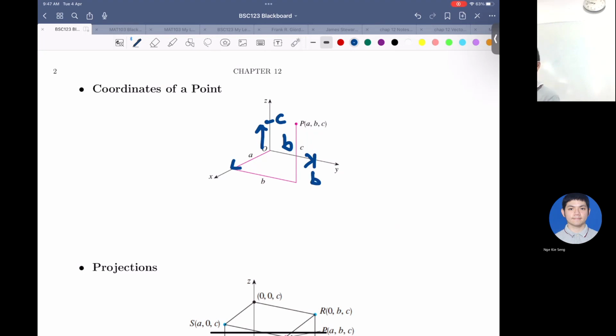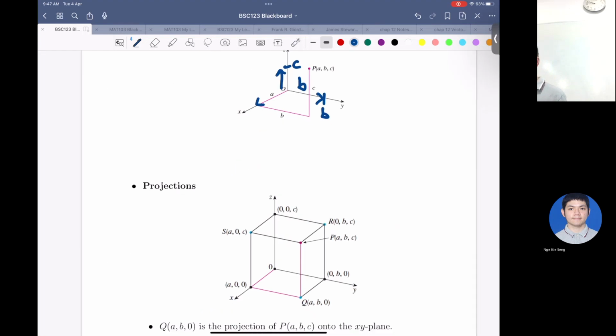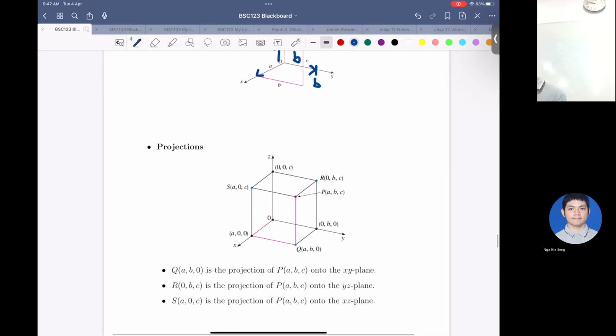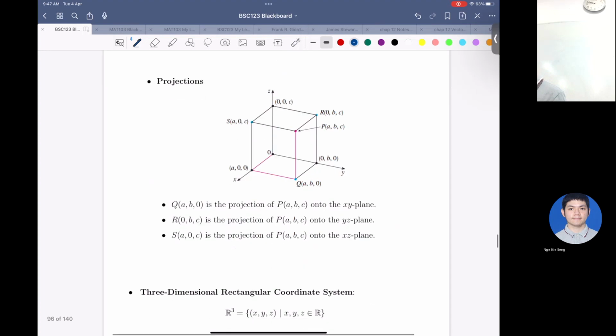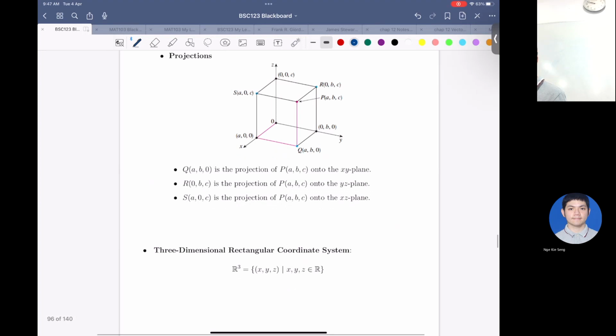And then you can project this point to the XY plane, the YZ plane, and the XZ plane. Nothing special here. So this is a rectangular coordinate system.